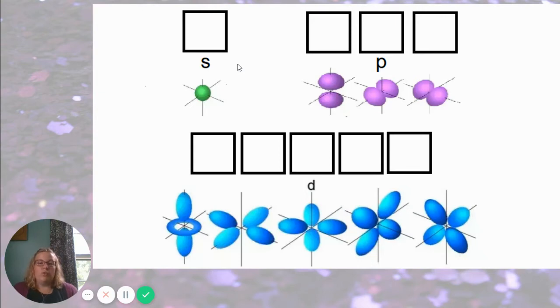When you fill your arrows for the p shell, they actually fill in 1 per box first before you start doubling up. And the idea is that each of these orbitals here has space for electrons to move around in it. But in an ideal situation, we put 1 electron in each orbital first to give the electrons their maximum amount of space.